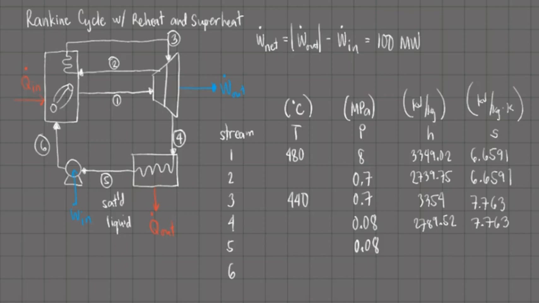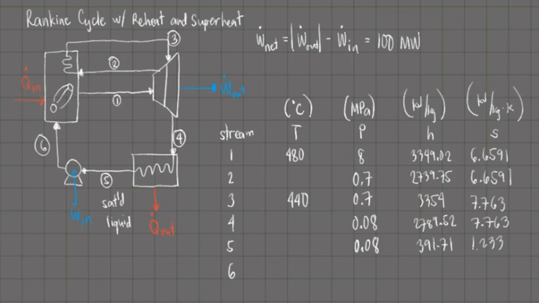With the knowledge of the pressure and that it is a saturated liquid, we can determine its enthalpy. From the steam tables, that is 391.71 kilojoules per kilogram. Also from the steam tables, we can get the value of the specific entropy of stream 5, that is 1.233 kilojoules per kilogram per Kelvin.